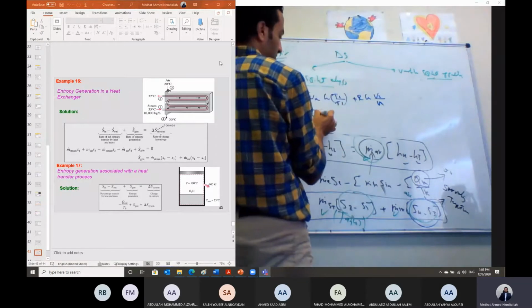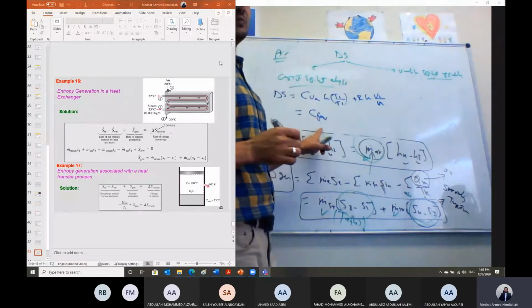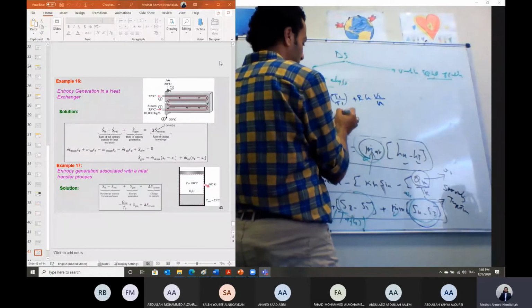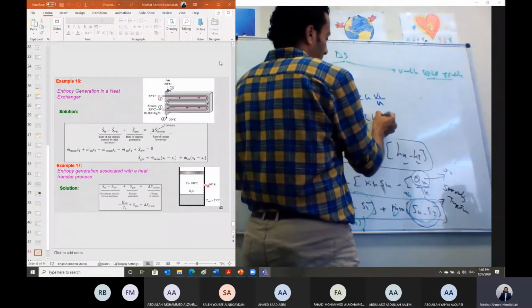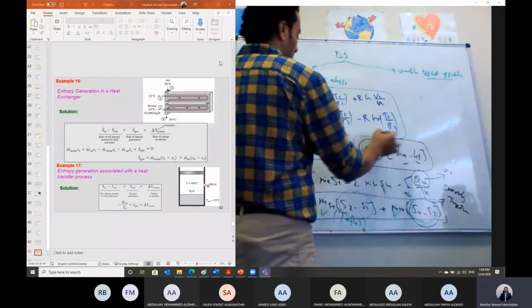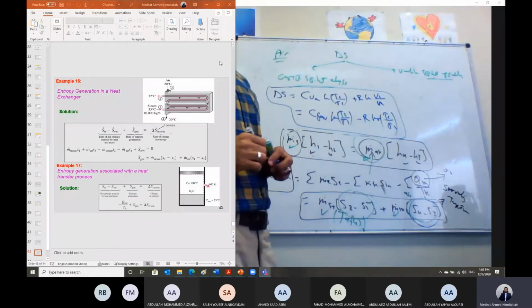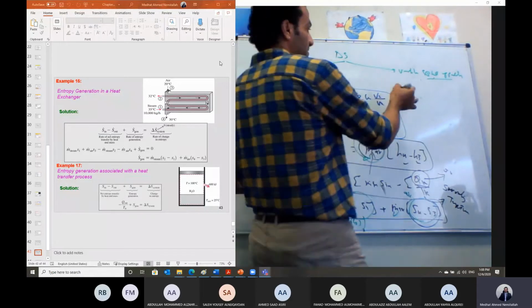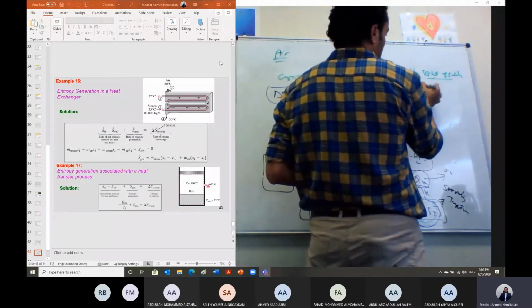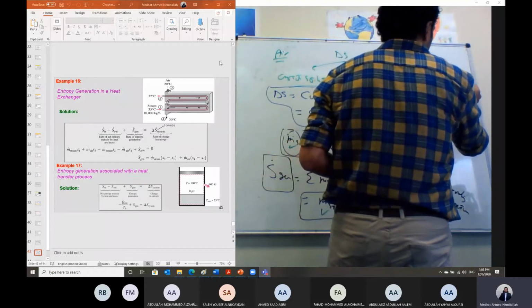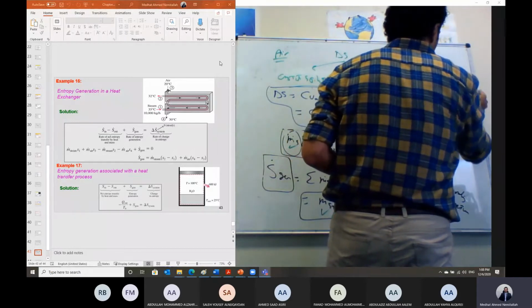So I will use either of these two equations to calculate delta S when following the constant specific heat analysis. For the variable specific heat analysis, delta S will equal S naught 2 minus S naught 1 minus R ln P2 over P1.